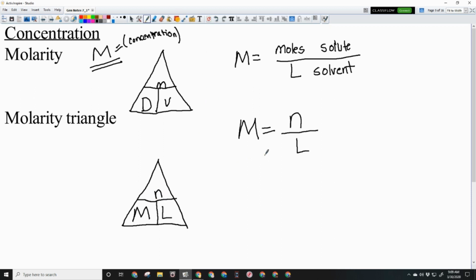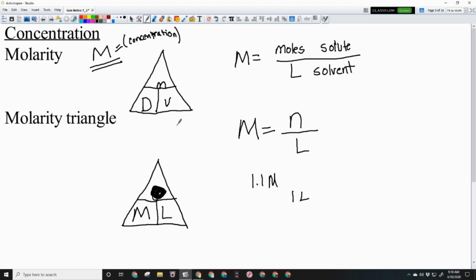Some questions are going to say, if you have a concentration of, say, 1.1 molar, and you have a volume of 1 liter, how many moles are dissolved? We're looking for moles, so cover that up. When they're side by side like this, it's multiply, so it's molarity times liters.